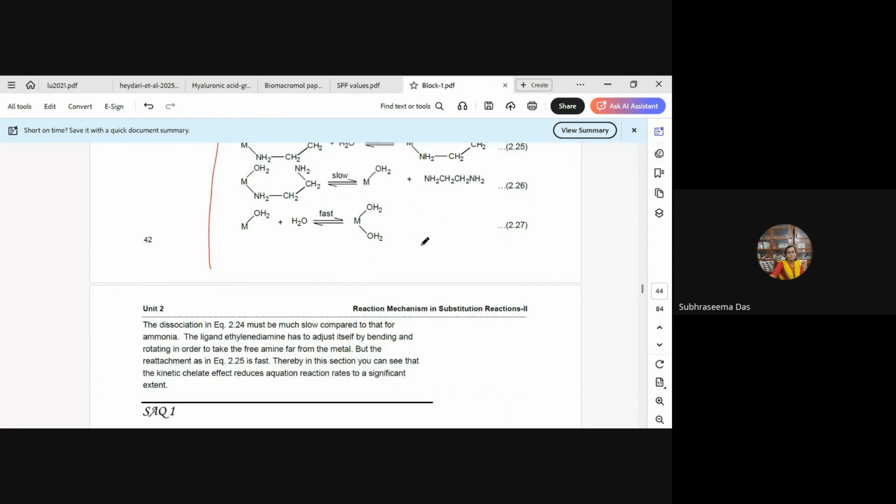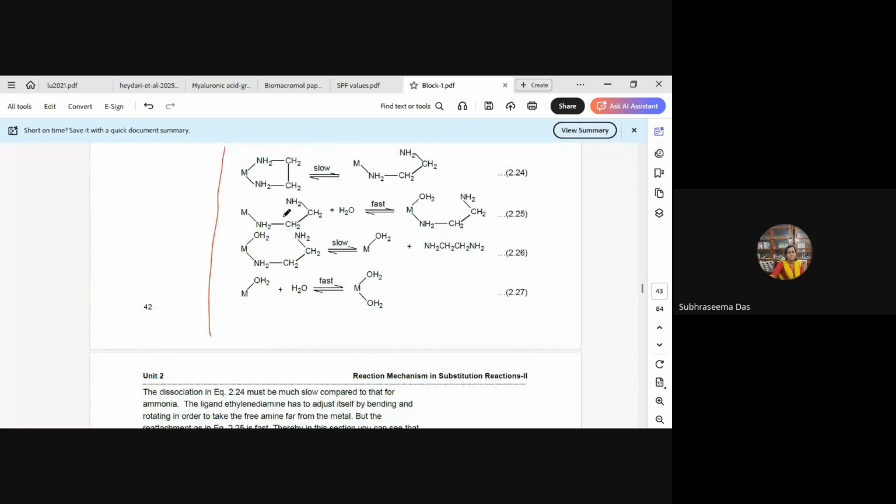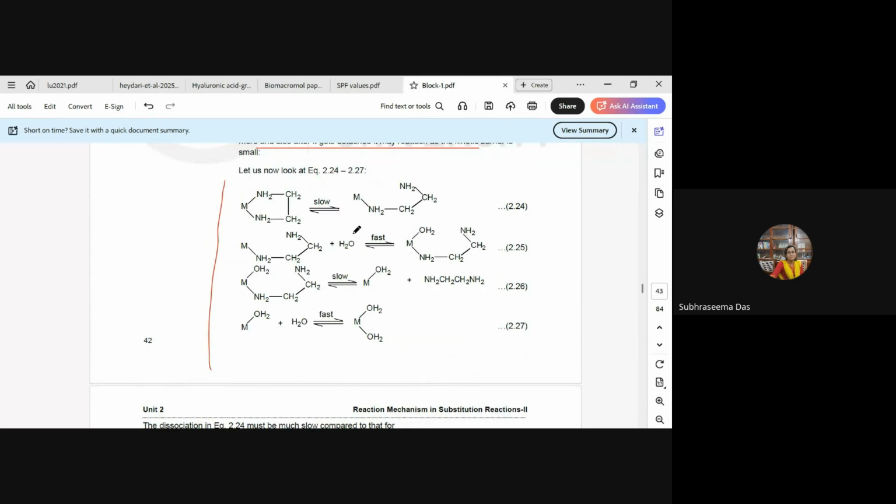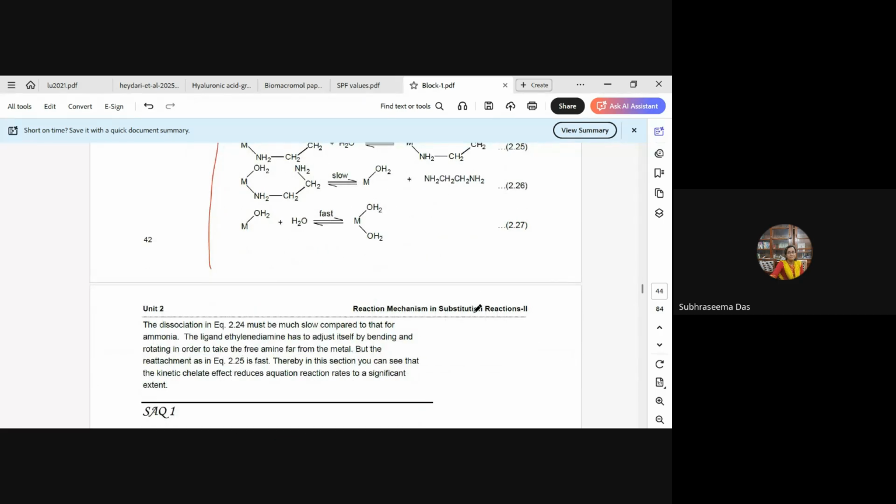The dissociation here in equation 2.24 must be slow compared to that for ammonia. The ligand ethylenediamine has to adjust by bending and rotating in order to take the free amine from the metal.